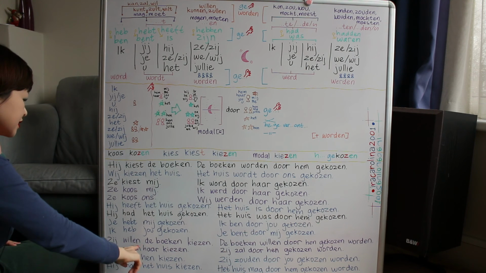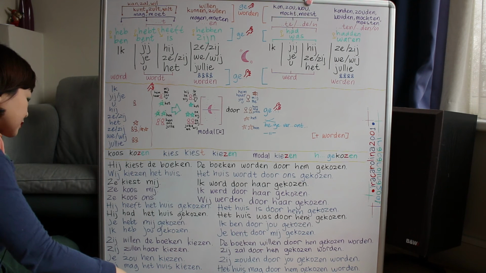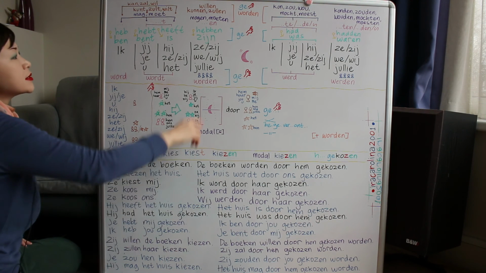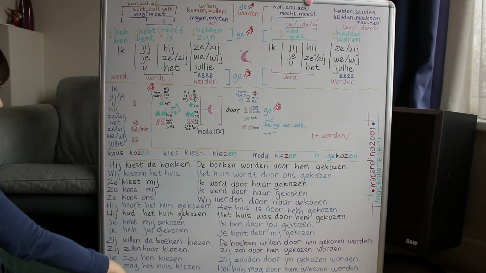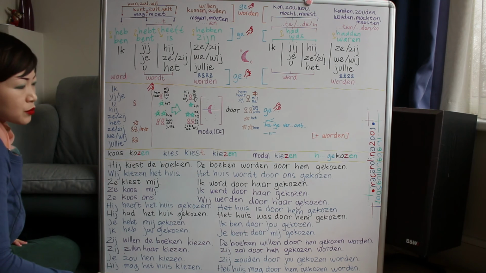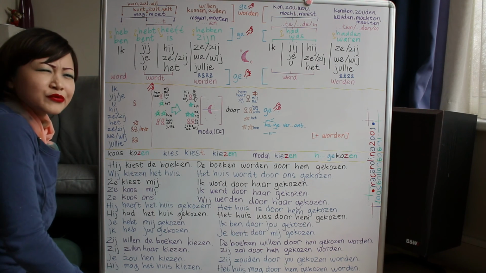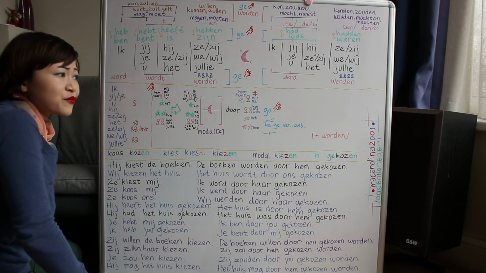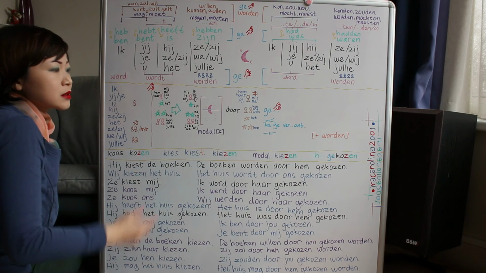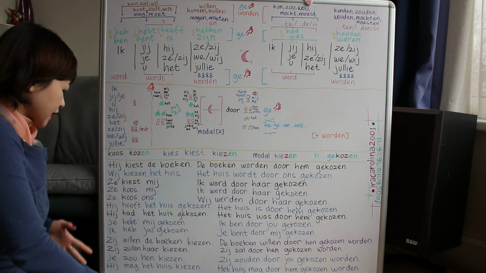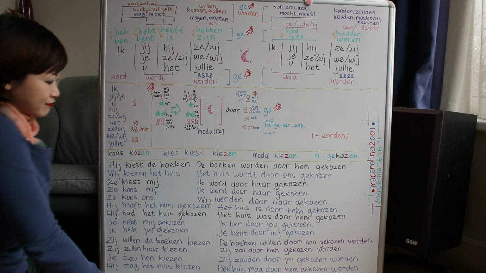Zij willen de boeken kiezen. Zij willen. So we know this zij or ze works for she or for they from the verb that is used after the ze or zij, because that's the way we know that ze, zij stands for they or for she.